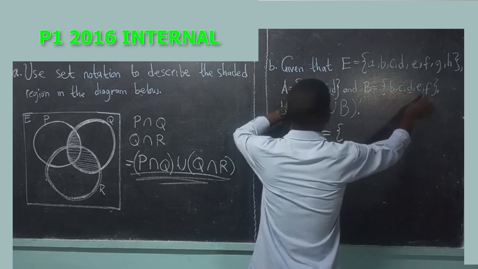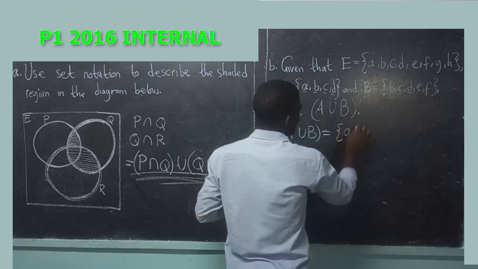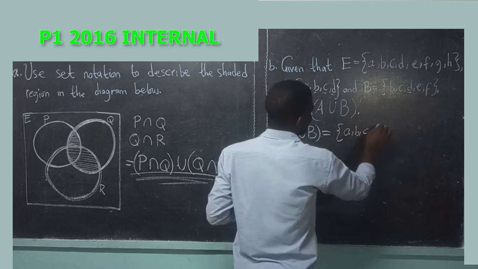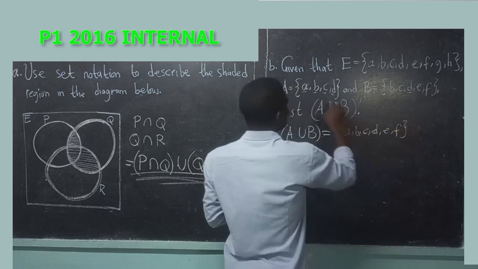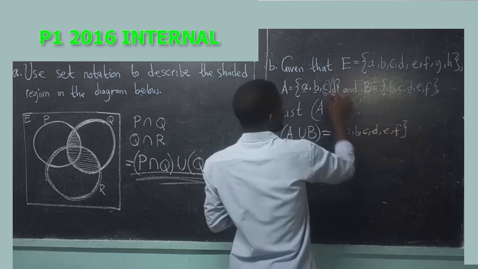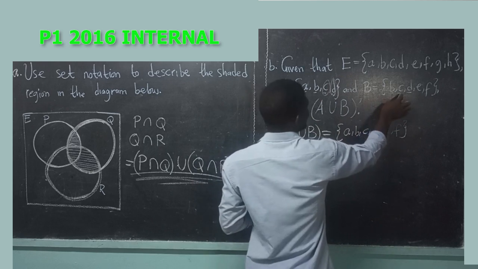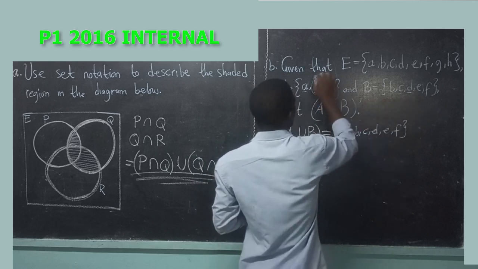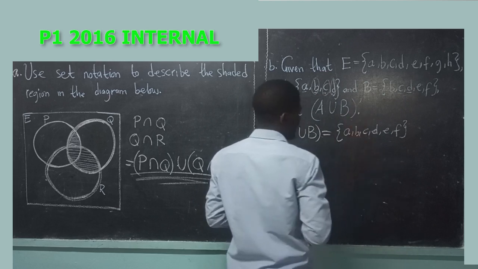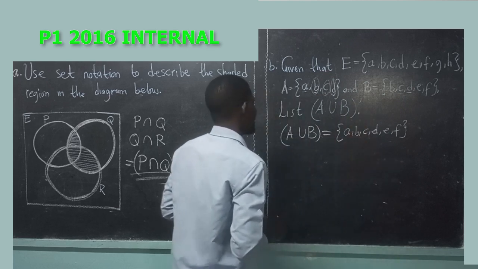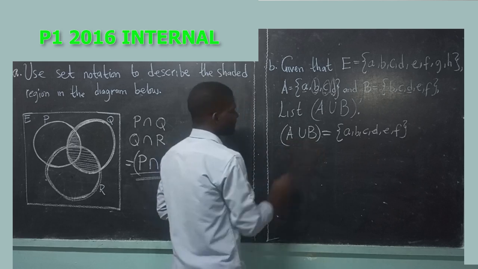So just add E, F. So it will be A, B, C, D, E, F. If elements are repeated twice in the sets, do not write them twice, just write them once. That is our A union B.